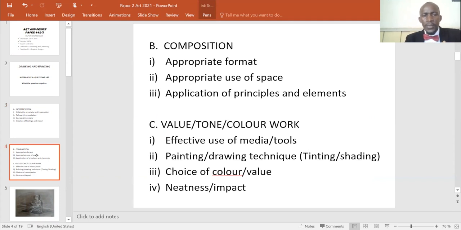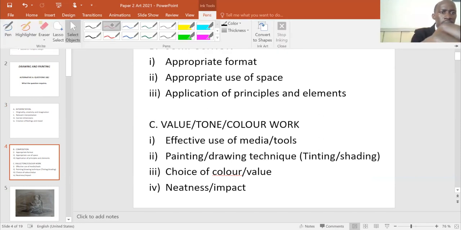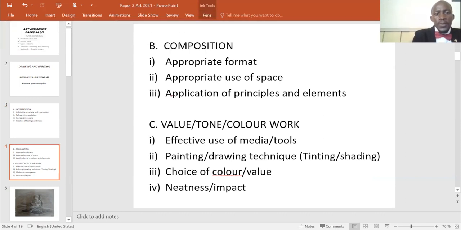The other point that we should pay attention to is application of elements and principles. The reason you are taught principles and elements is because they are the basis on which most art forms are created.